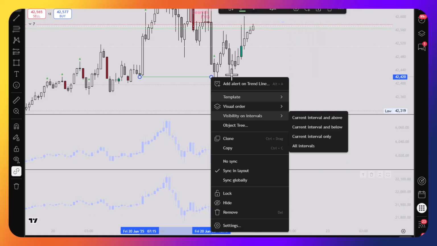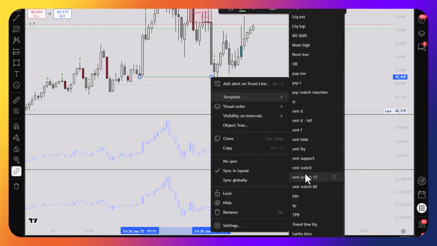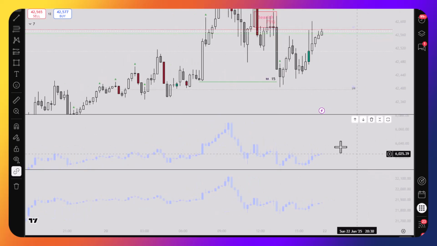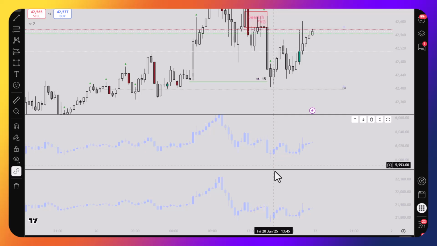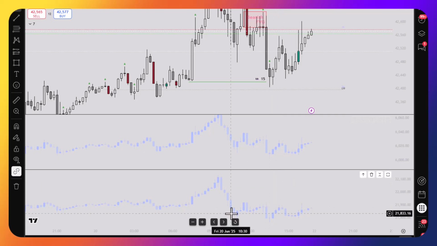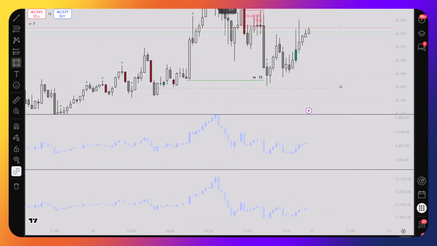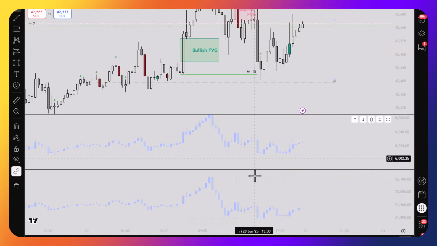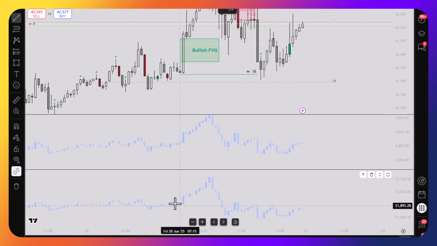If we mark this out for daily cycle sequential SMT, you're going to compare the afternoon session versus the New York session, and you can see that NQ ran it around here while YM stayed up within this bullish fair value gap, and then NQ ran it here on one of these 15-minute candles.